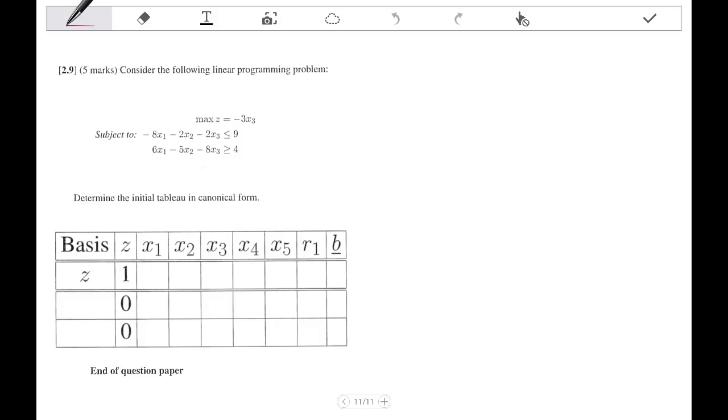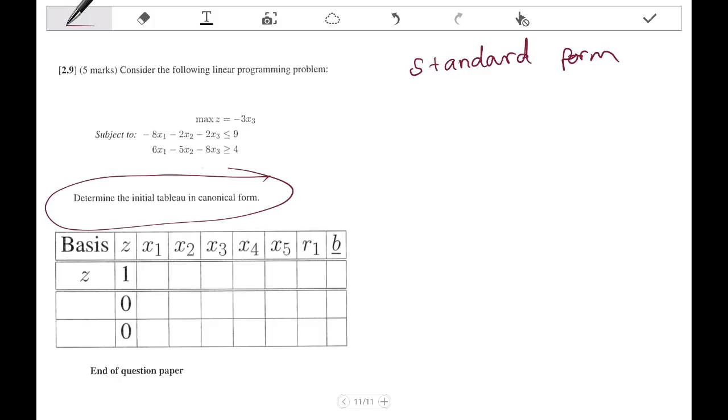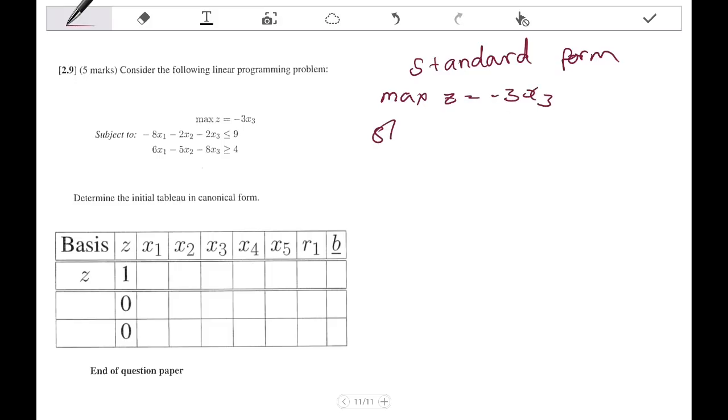So remember that here it's unlike the last one. Here you have to write the problem first in a standard form, and then after that write the problem in a canonical form as they said here. So the first thing to do is to convert the problem to a standard form. To do that, just say max z equals minus 3x3, then subject to minus 8x1 minus 2x2 minus 2x3.